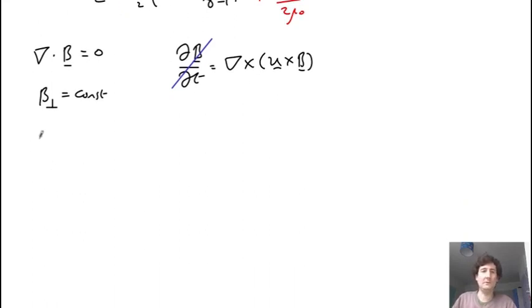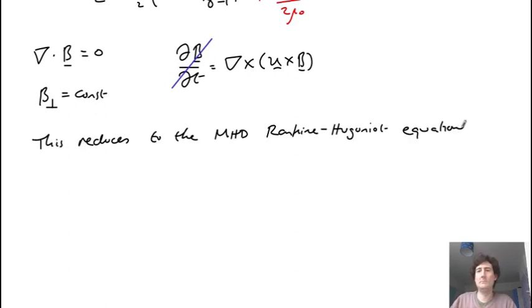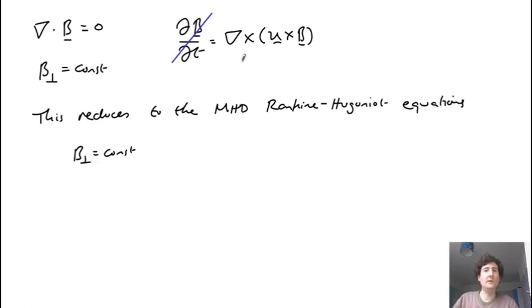And so this whole thing reduces to the MHD Rankine-Hugoniot equations. So we have B perpendicular is constant across the shock, as I've written before. This term here just reduces to an equation for the perpendicular velocity, the parallel field on one side, and also the parallel flow and the perpendicular. So essentially evaluating this term here, this is also constant.